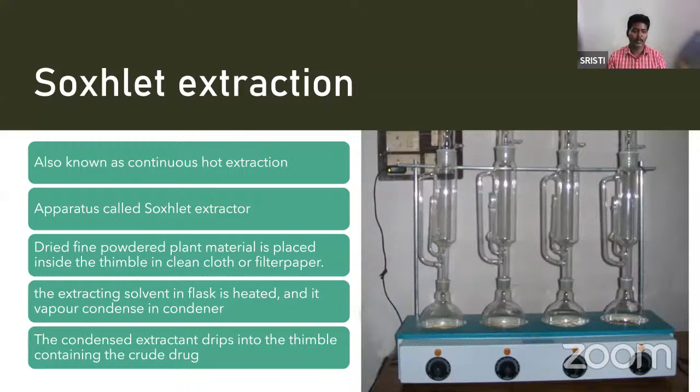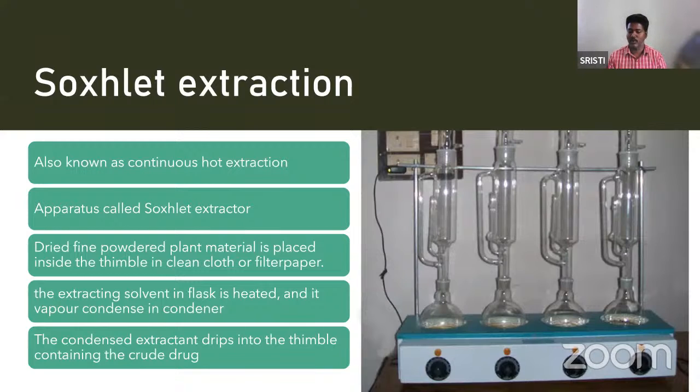The next popular method is Soxhlet extraction, also known as a continuous hot extraction method. And the apparatus used here, you see, is called a Soxhlet extractor. Okay. Fine powdered plant material is placed inside the thimble, wrapped in a clean cloth or a filter paper.